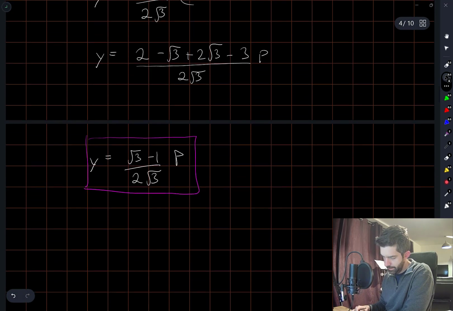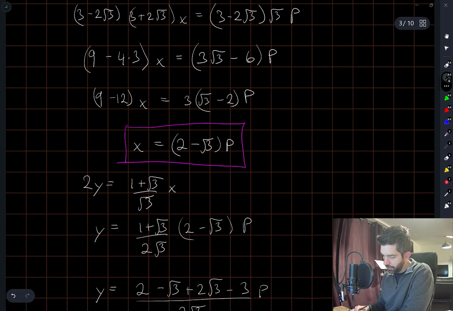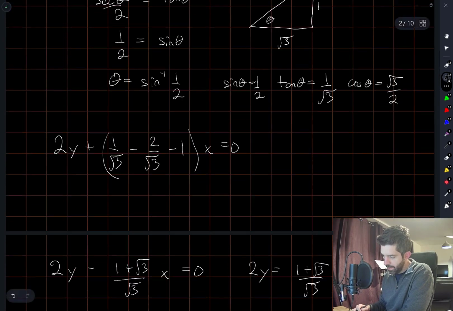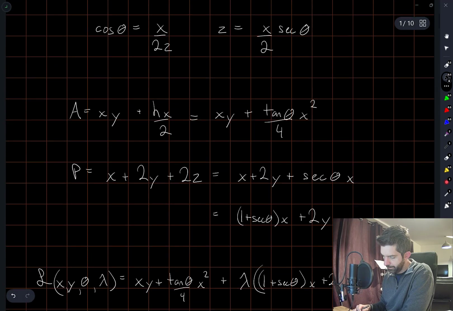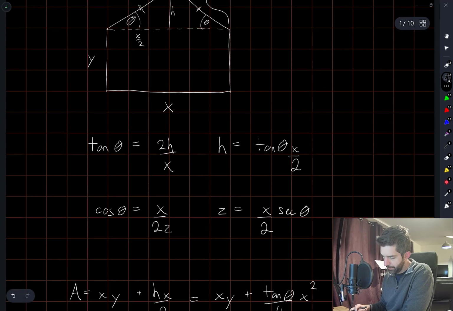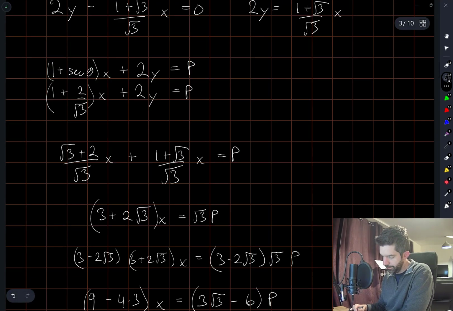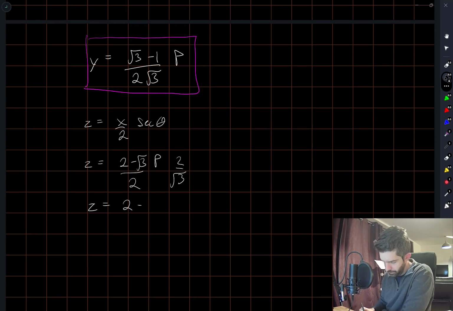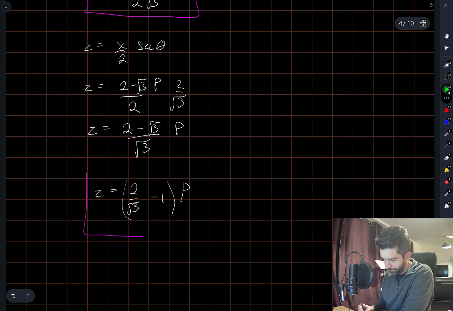And that final side, the hypotenuse of the triangles, z equals x over 2 times secant theta. And there's the last side.